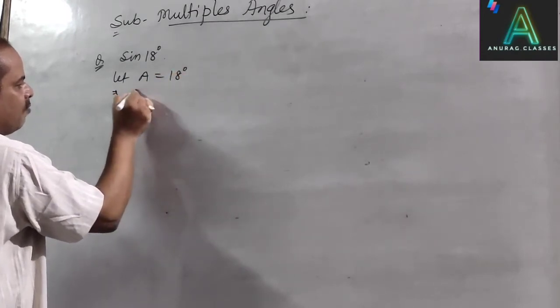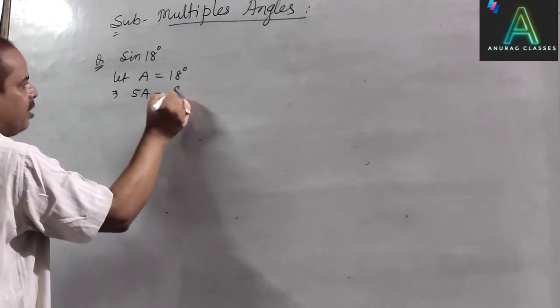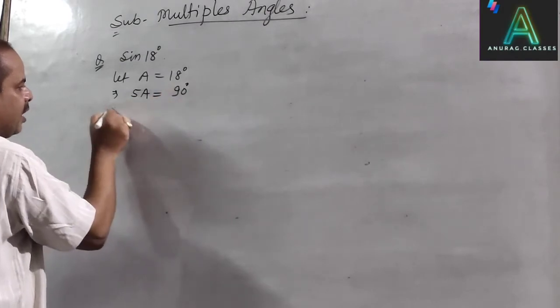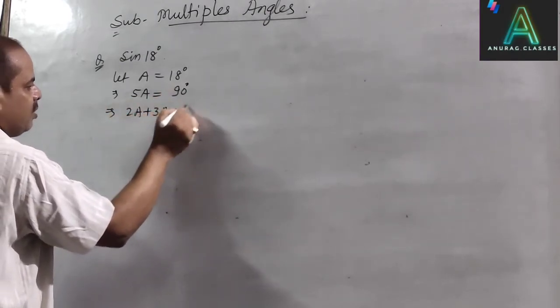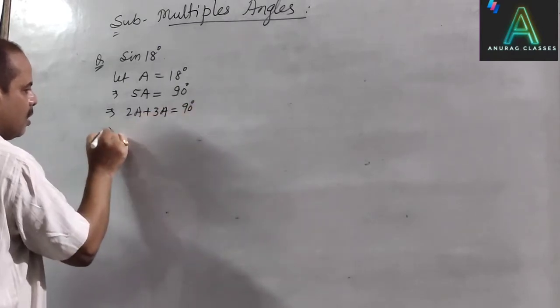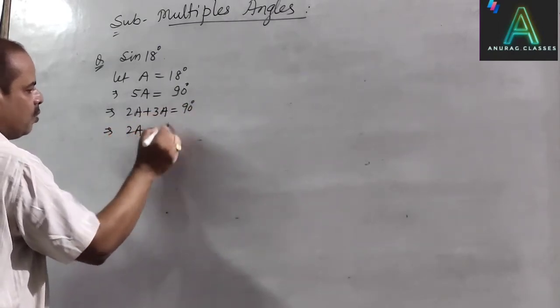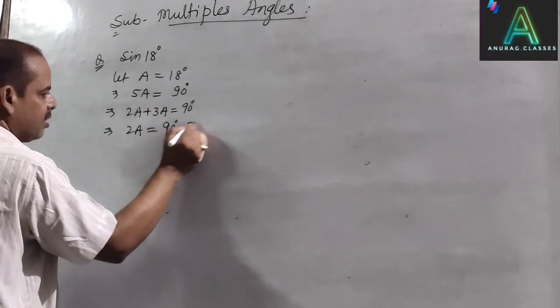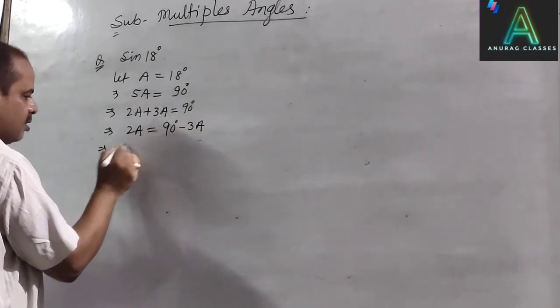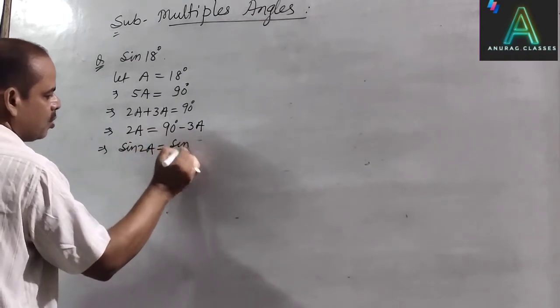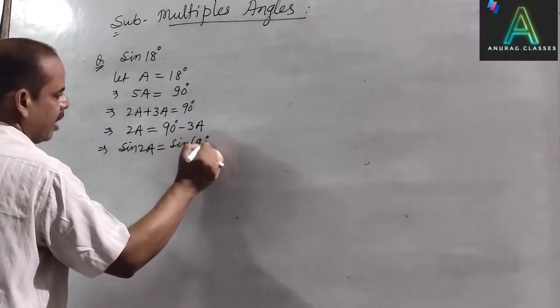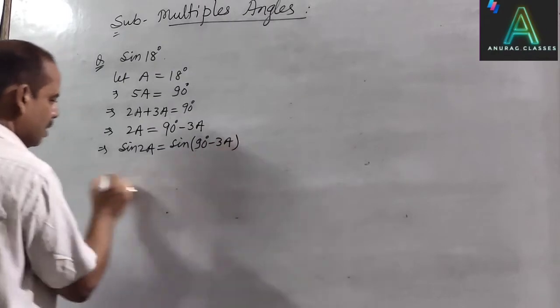It means 5A will be 18 fives are 90, and 5A can be written as 2A plus 3A is equal to 90. So 2A is equal to 90 minus 3A. Take sine, then it will be sine 2A is equal to sine(90 minus 3A).